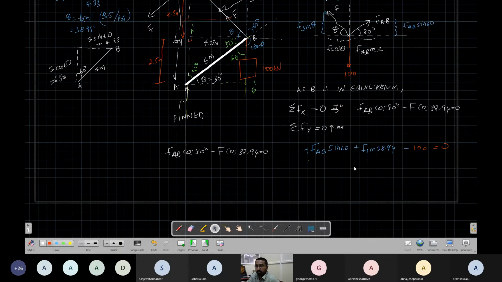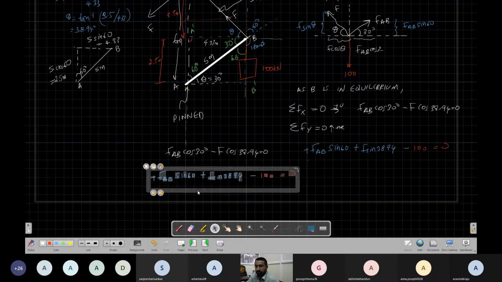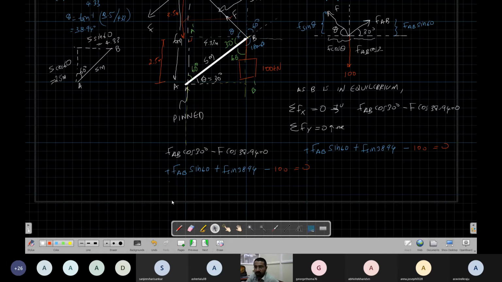Take one equation and then have another equation. Okay, so this 100 I can take to the other side. Then substitute all those values, then get the equation.